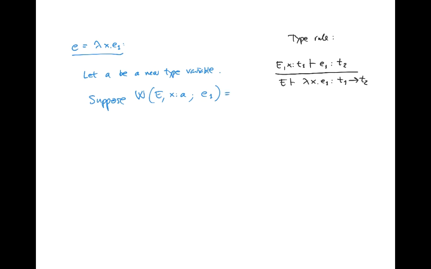And suppose what we get is a substitution sigma and the type T of the body. Then we return the substitution and an arrow type, where the argument type we find by applying sigma to a, and the result type is T, because T is the type of the body. So that's what we do if we have an abstraction.